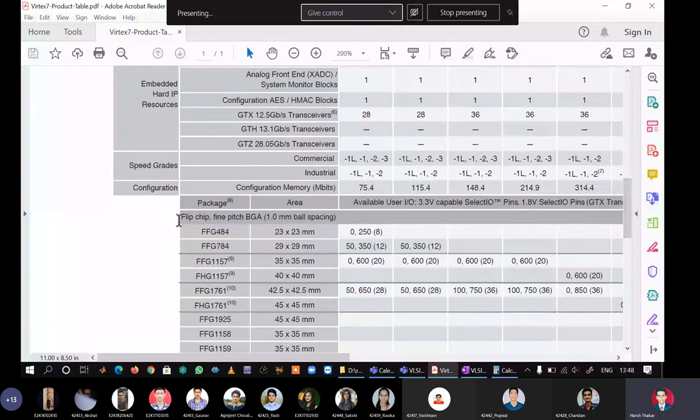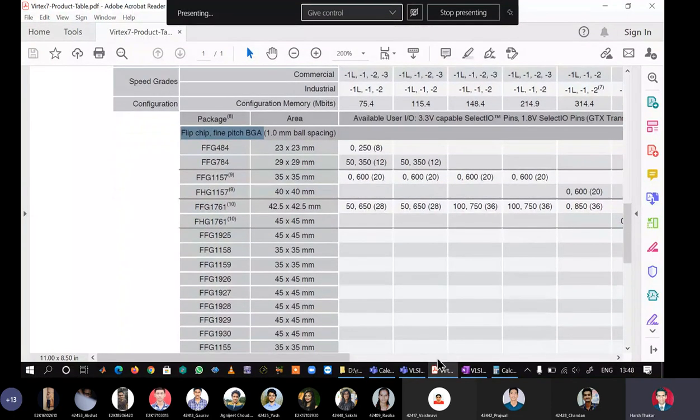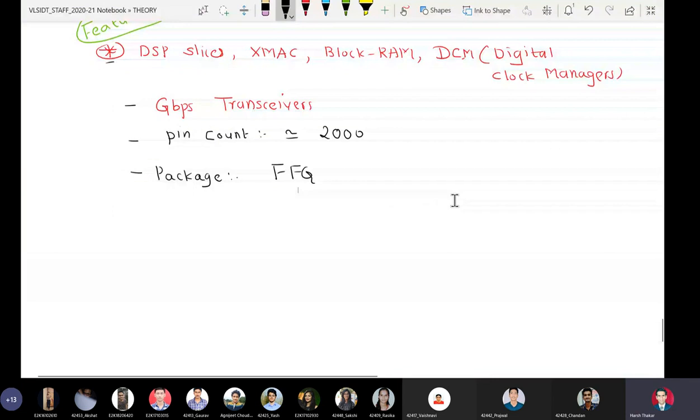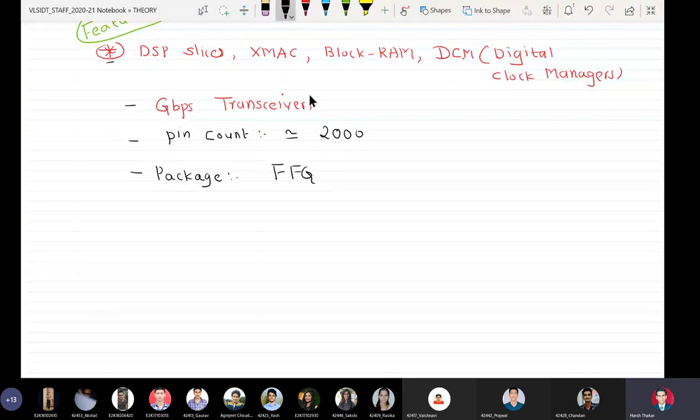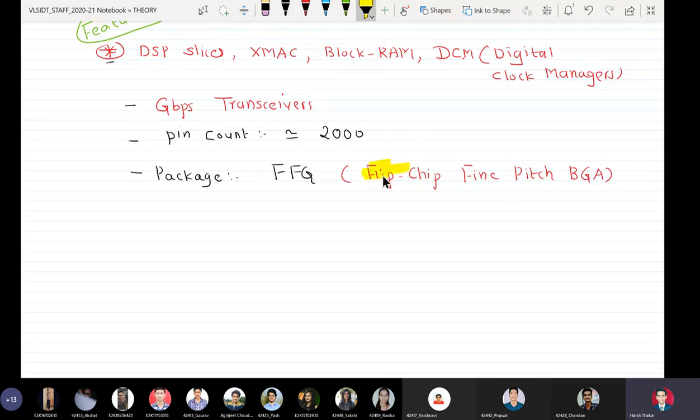The long form of FFG is written here. It is flip chip fine pitch BGA package, FFG. This is the package in which FPGAs are available nowadays.